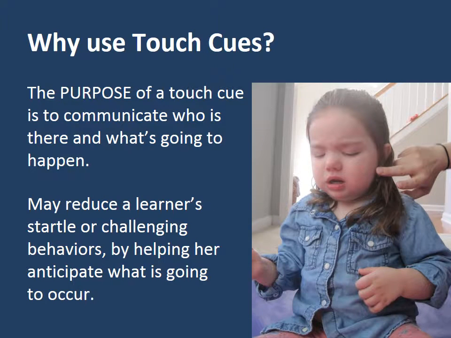The purpose is to lay a foundation: I'm letting you know that something's happening, then you can show me that you anticipate it, and then we're going to get engaged in that activity together. This might help to reduce behaviors that are communicating to you, I don't know what's happening in my world. Like Carol said, if people can't understand and interpret what's happening, that adds a lot of stress. So this is a basic, simple way to consistently and predictably provide these little touches and taps on certain parts of the body to let individuals know what's happening.